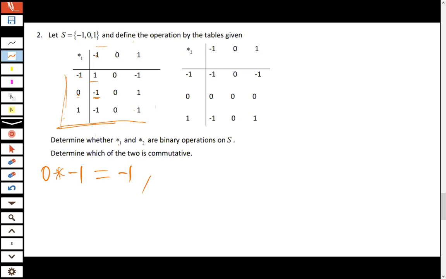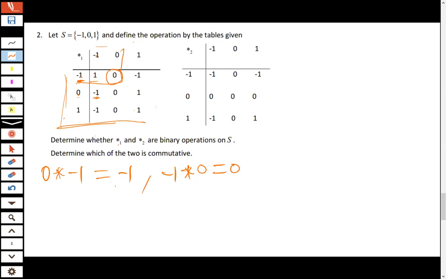Then let's look at -1 *0. So we have -1 *0, and the number here is just a 0.